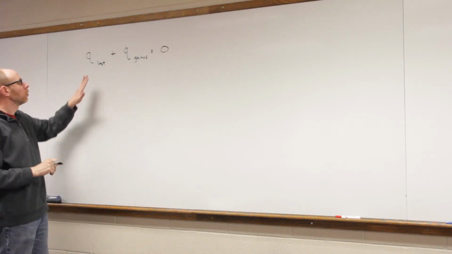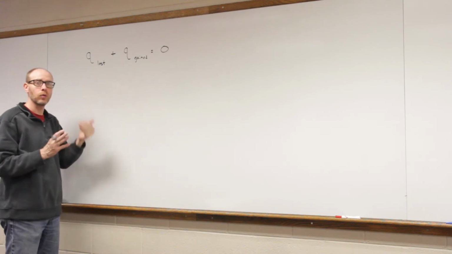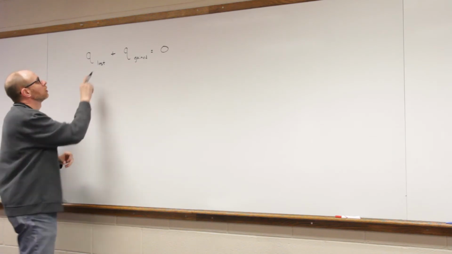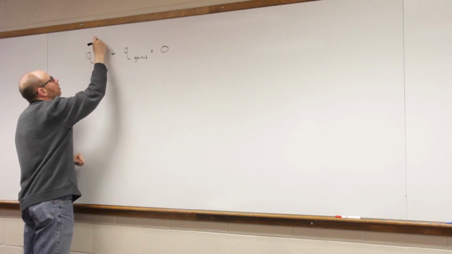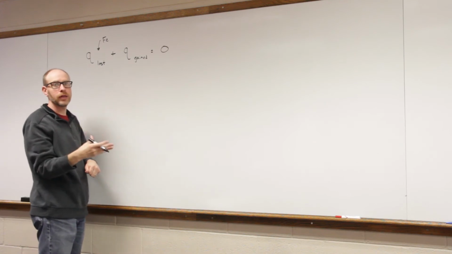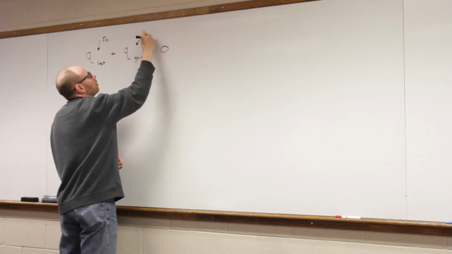So in this problem, we have something losing heat and something gaining heat. What's losing heat? You can simply ask the question, what is cooling down? The thing that's cooling down would be the thing that's losing heat. That's the iron. And the thing that's gaining heat will be the thing that's increasing in temperature, and that's going to be the water.